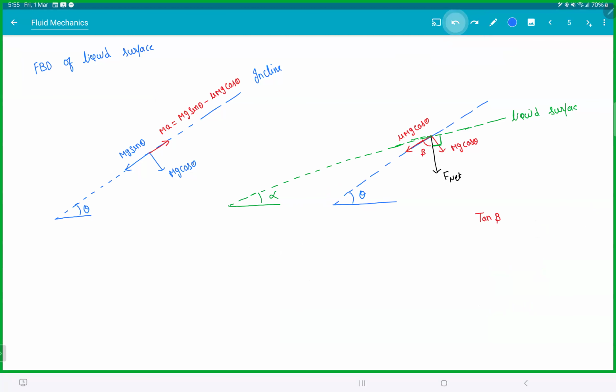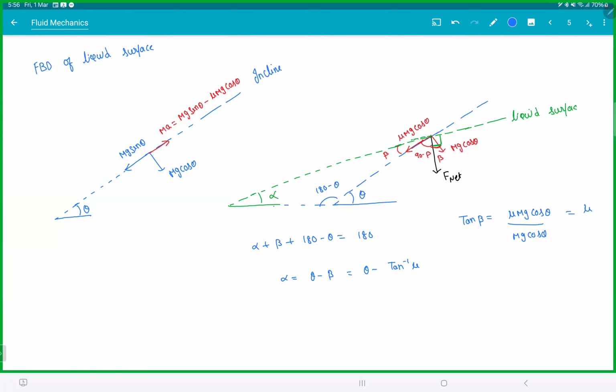Then this would be 90 minus beta, and this would be beta. This would be 180 minus theta. So tan beta would be mu mg cos theta by mg cos theta. Alpha plus beta plus 180 minus theta is 180. So alpha is theta minus beta, which is theta minus tan inverse mu. Same thing, doesn't matter which one you take.